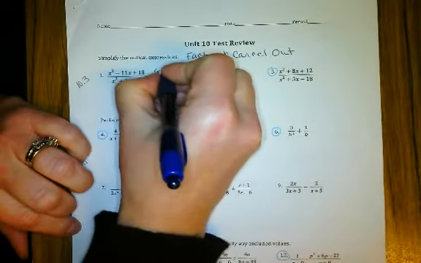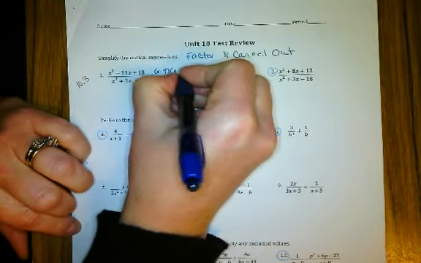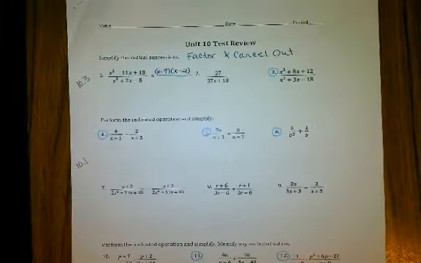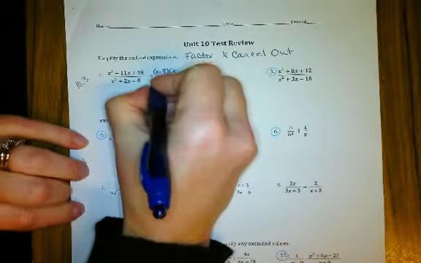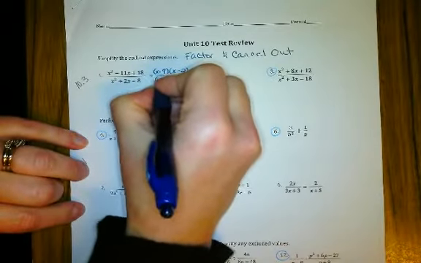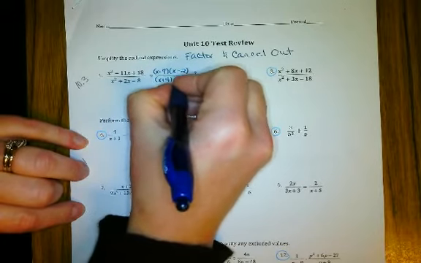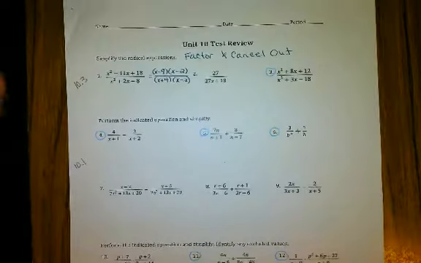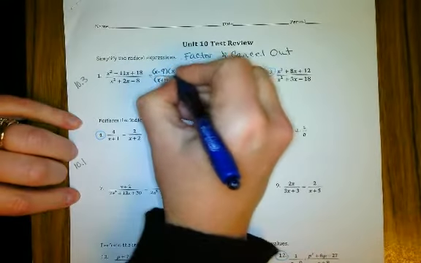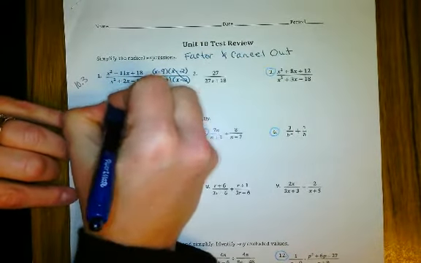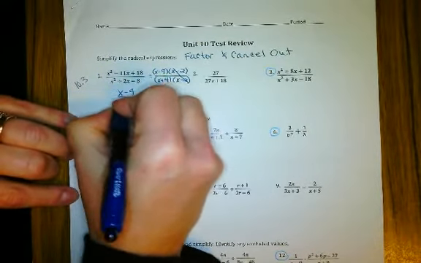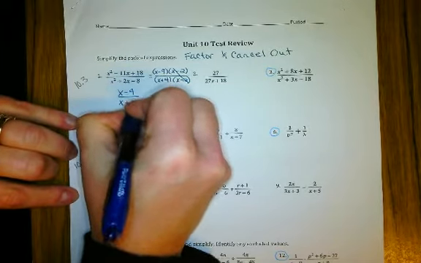That is x minus 9 and x minus 2. And then on the bottom, what two numbers multiply to get negative 8 and combine to get 2? That is going to be x plus 4 and x minus 2. So I did the factoring, and now I just cancel out. So your final answer would be x minus 9 over x plus 4.